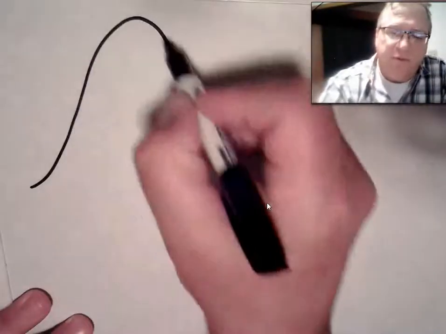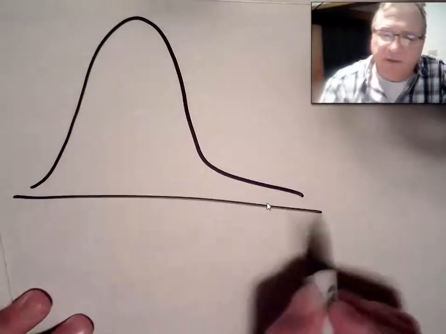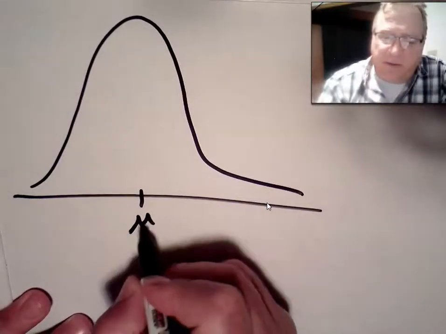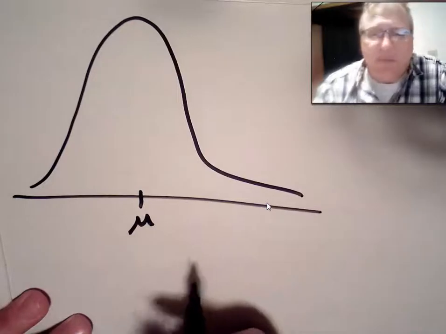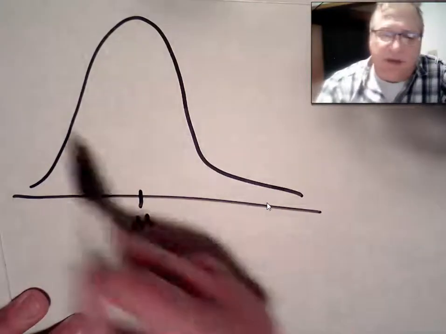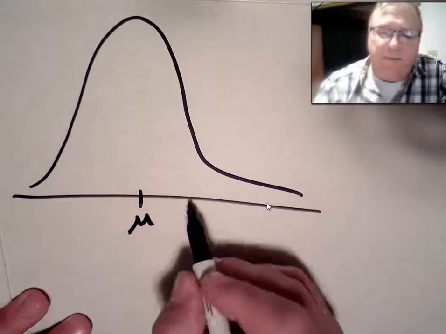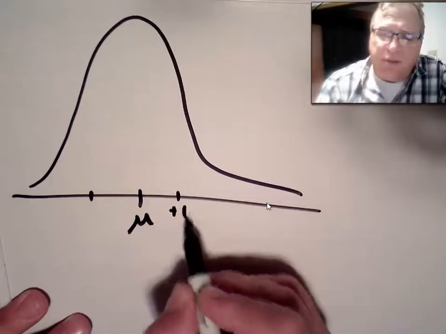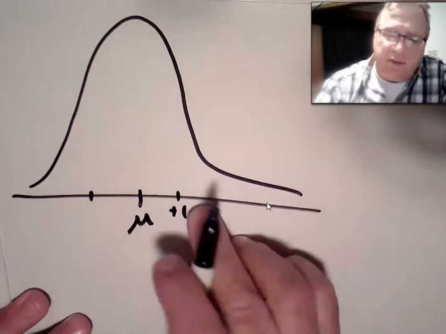Okay, last week we learned about the bell curve. We learned the population mean splits the bell curve, and we learned about the values. We talked about these points at plus or minus 1 standard deviation. Oh, I shouldn't use SD.